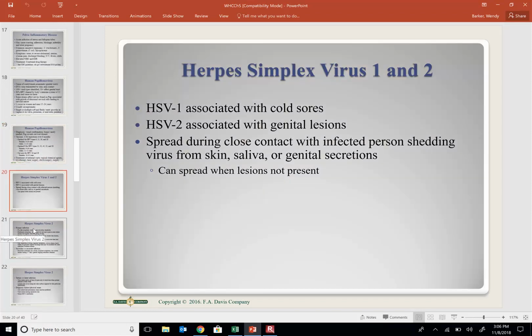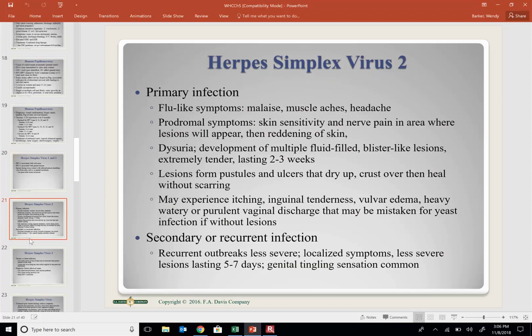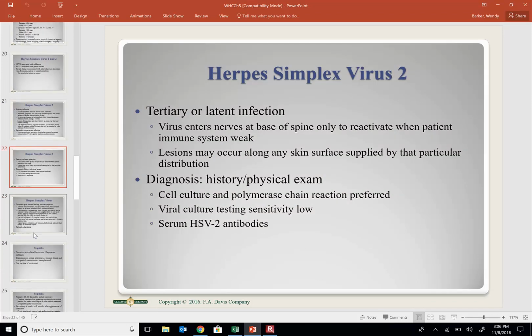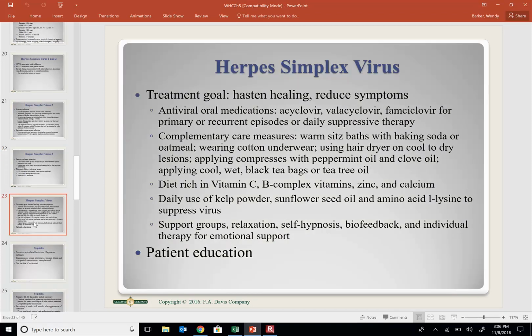Herpes, I want you to know what herpes 1 and 2 are, the differentiation between herpes 1 and 2, what the signs and symptoms are for herpes 1 and 2, and then there's really no treatment for herpes, but what is the treatment for suppression of symptoms?